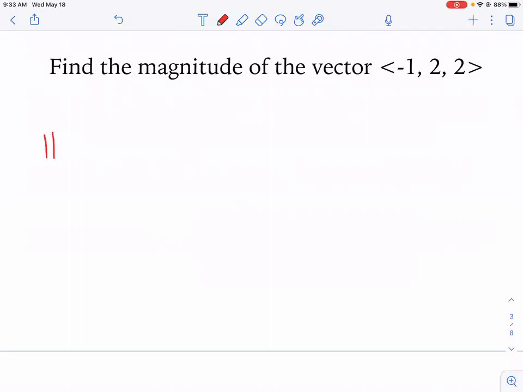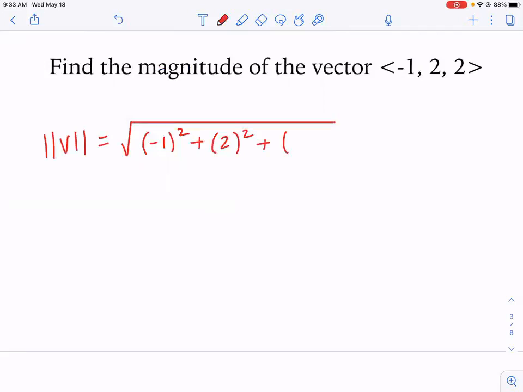So we have the magnitude of v is the square root of -1 squared plus 2 squared plus 2 squared. Okay, and what do we got under the radical? 9. What's the square root of 9? 3. So the magnitude of this vector is 3.